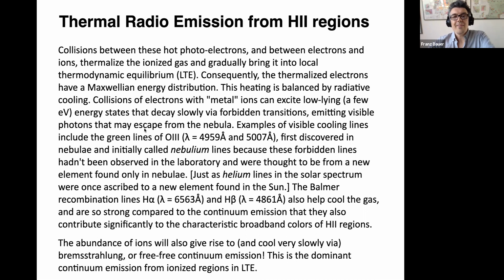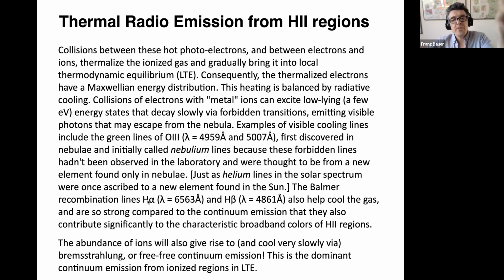And so some of the cooling will come from line emission, which we'll deal with at the end of the semester. In fact, the reason why people saw H II regions and planetary nebulae was because of the emission lines, typically actually oxygen 3, which is a forbidden line. And they used to call these nebulium lines because they showed up in these diffuse nebulae.